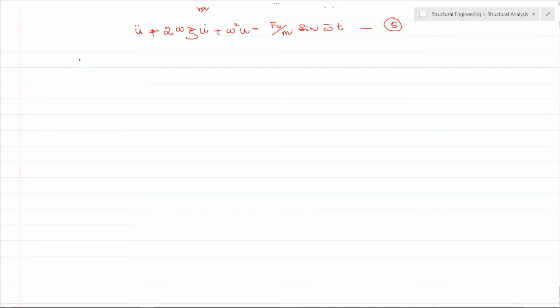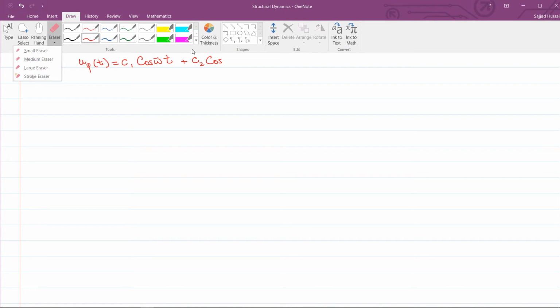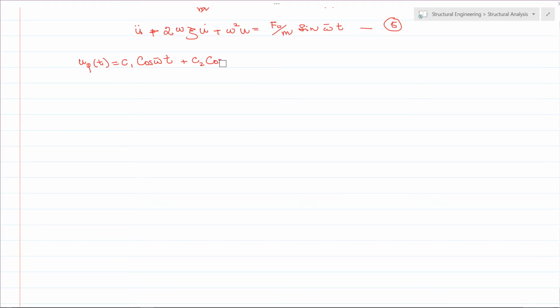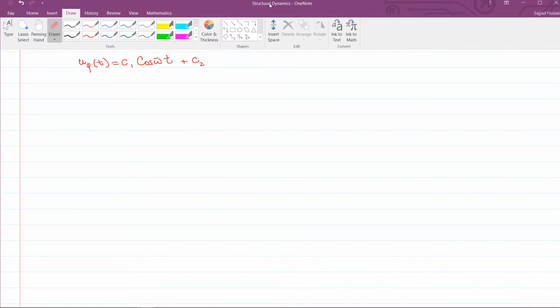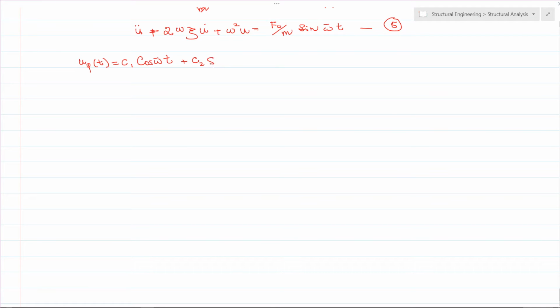So the particular solution u p t is equals to c1 cos omega bar t plus c2 sine omega bar t, where c1 and c2 are the constants of integration, and our main problem is to find these constants.